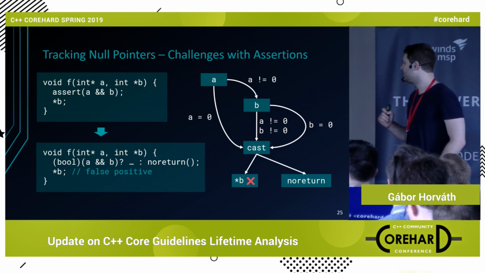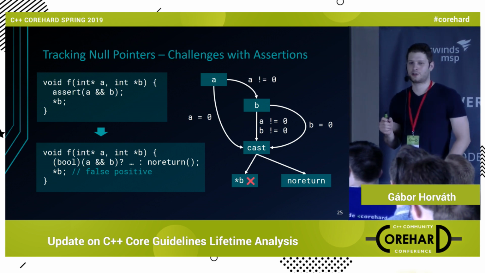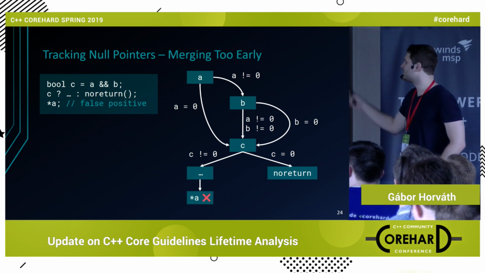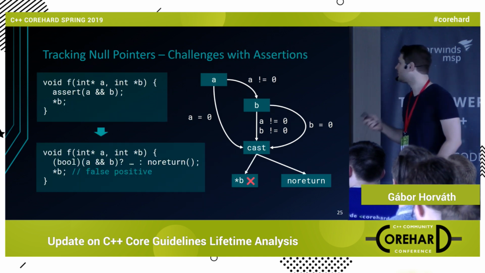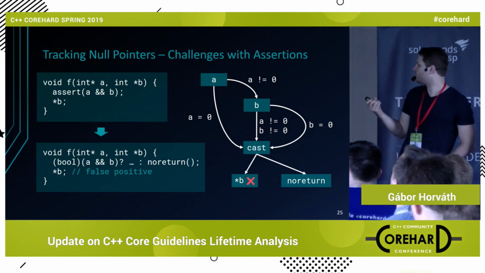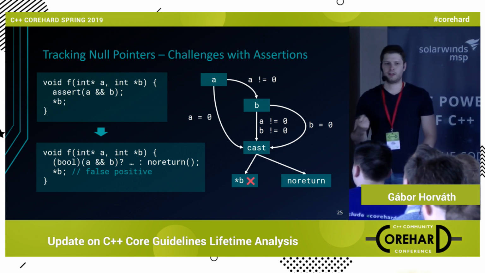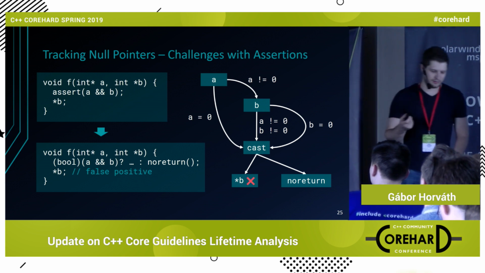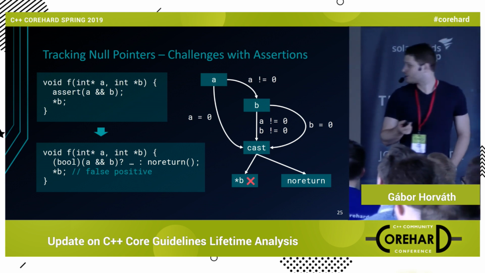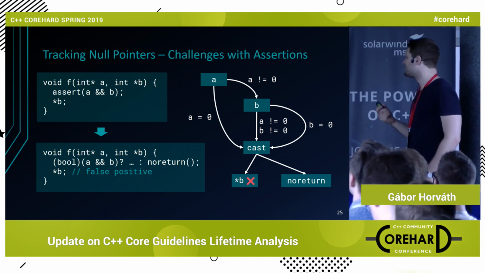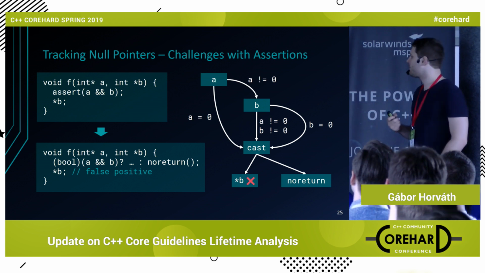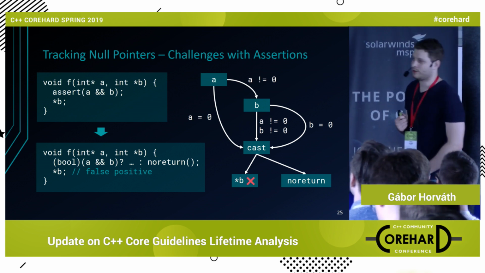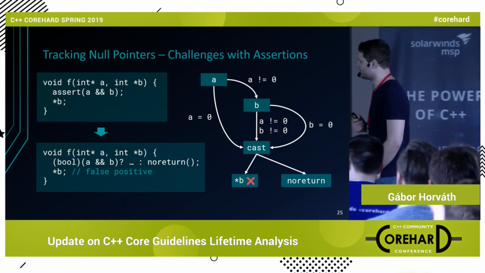Unfortunately, this will force Clang to generate code that is very similar to the one before, because the result of the cast operation will be a temporary Boolean variable, and there we will do the state merging. So in this case, we might get surprising false positives with this analysis.